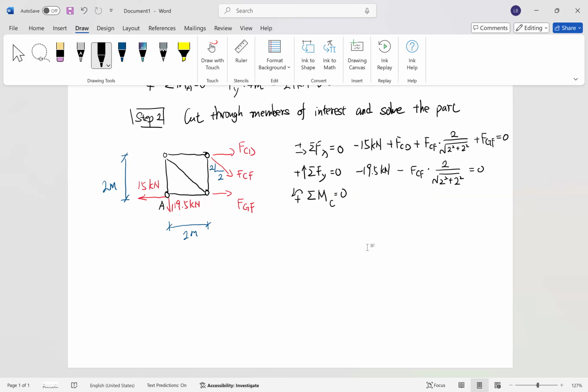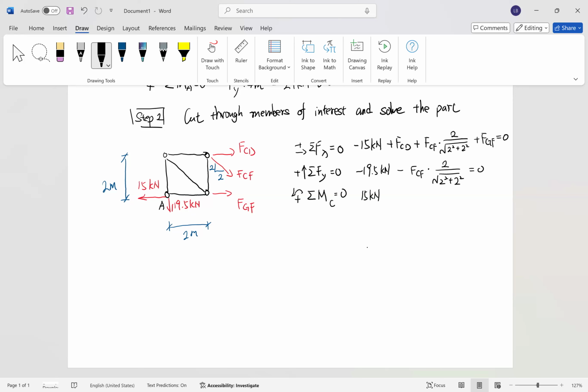We have 15 kilonewton here, times the distance from the line of action of the horizontal force 15 kilonewton to C, and you may pause the video and take it as a practice.